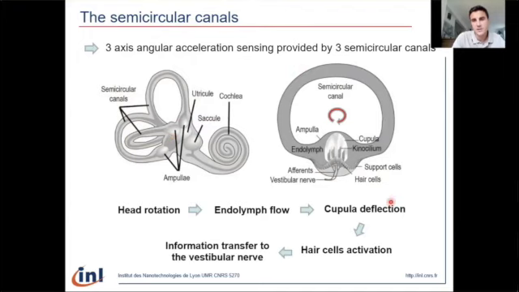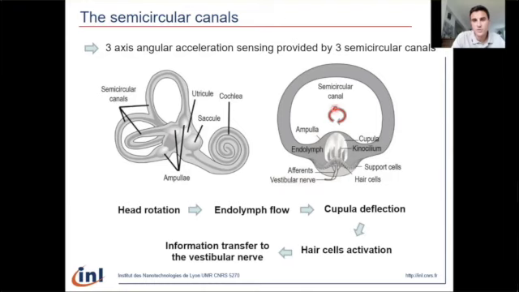As you can see on this simplified view on the right, the semicircular canal system is filled with a fluid called the endolymph. It also integrates a soft membrane, the cupula, and electromechanical transducers composed of kinocilia and vestibular hair cells that are directly connected to the vestibular nerve.